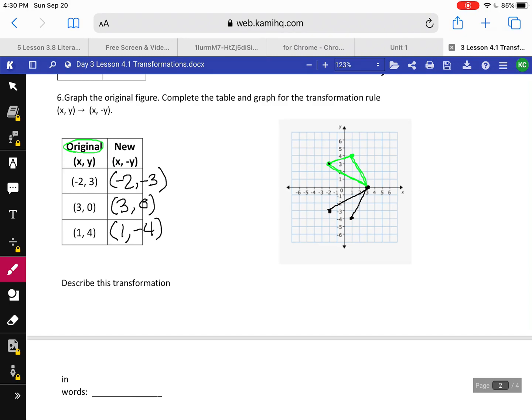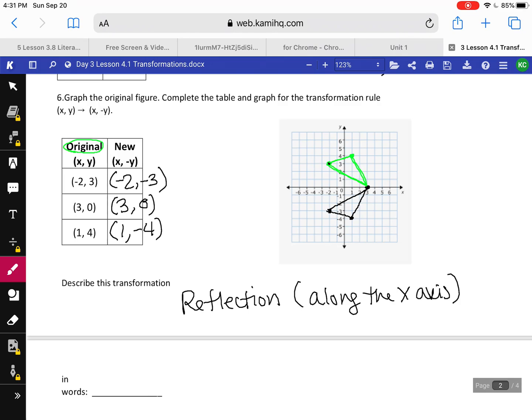So now I can see my green is the original, and that transformation is in black. What kind of transformation are we seeing here? We are seeing reflection, and even more so, it is reflection along the x-axis.